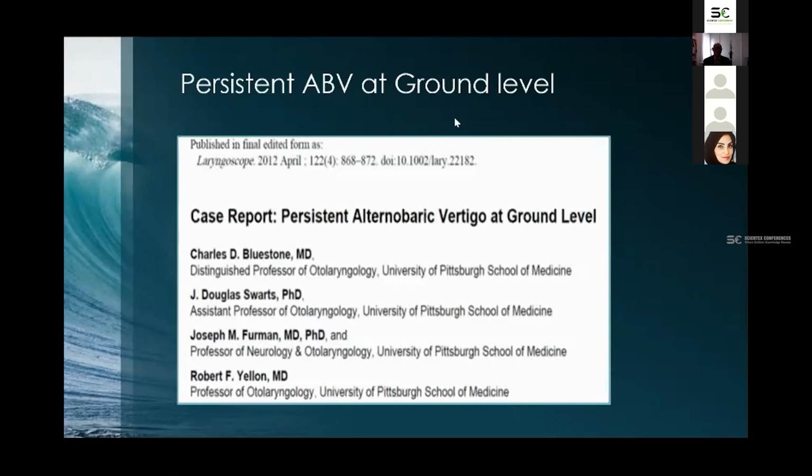test results. ETD also occurs frequently at ground level for many reasons, including nasal obstruction with the Toynbee phenomenon, viral or bacterial infection, and nasopharyngeal reflux due to GERD, gastroesophageal reflux disease.